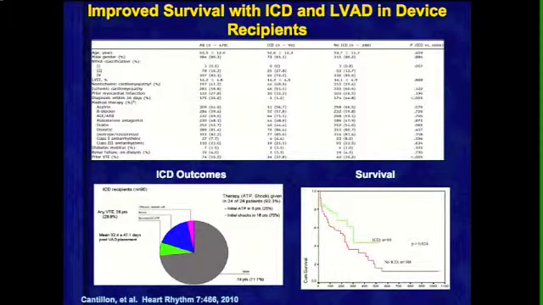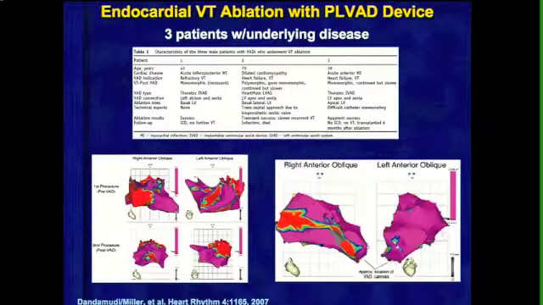Now, this is looking at improved survival if you put an ICD in LVAD patients, and you can see the patient characteristics and the ICD outcomes. I'm just going to show you this. The survival is better than if you don't do it. And I think that most people everywhere put the device in first, and then we get to them when they have recurrent ventricular tachycardia after the fact.